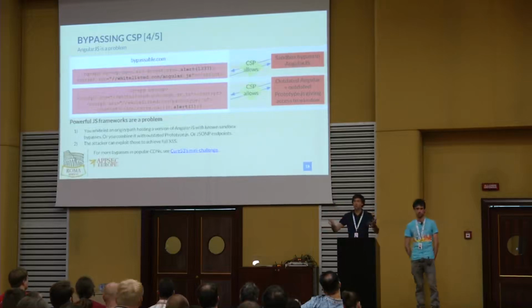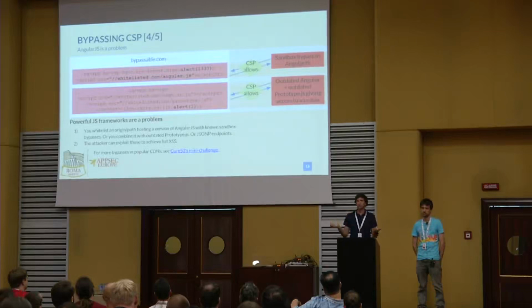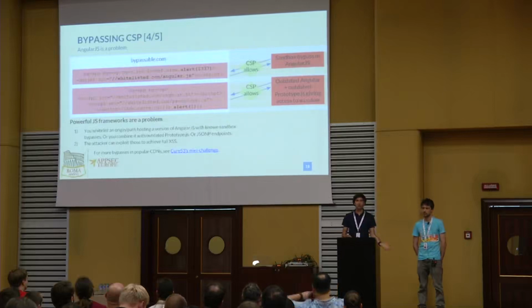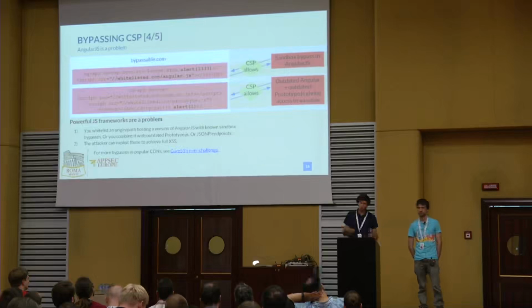It's like a JVM or something like that. And then everything which is happening in the Angular expressions, CSP doesn't care anymore, right? Because it's not JavaScript, basically. So yeah, that's a big problem. Again, Angular is hosted on most CDNs, which means if you put a CDN in the whitelist, you probably will have problems, right?